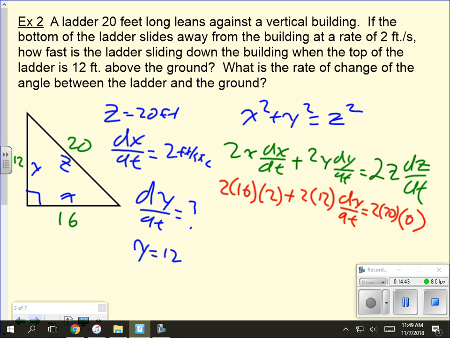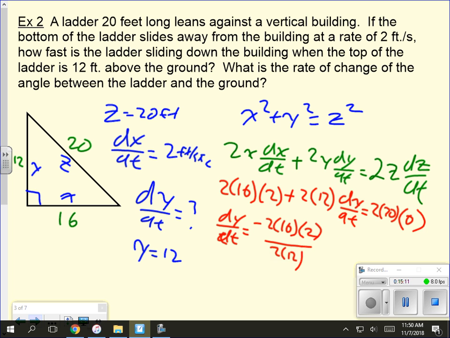Solve that for dy dt. So dy dt would be equal to negative 2 times 16 times 2 over 2 times 12, which would reduce down to what? 8/3?